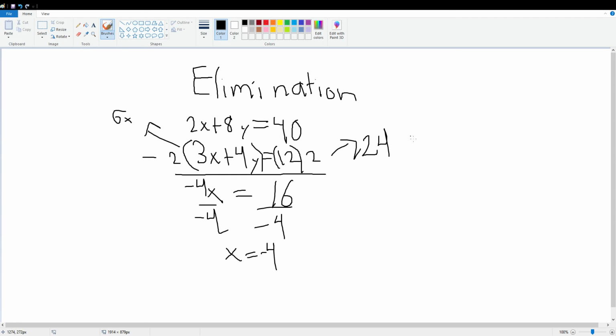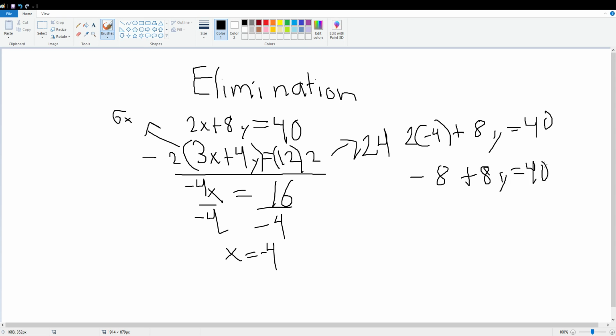So I'll substitute it into the first one. Negative 4 plus 8y equals 40. Negative 8 plus 8y equals 40.